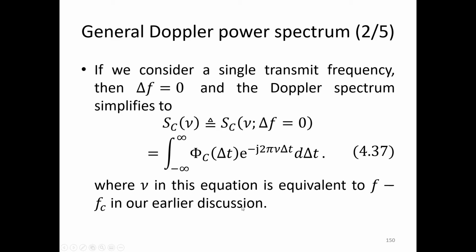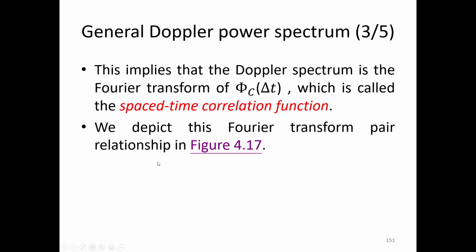Where nu in this equation is equivalent to f minus fc in our earlier discussion. This implies that the Doppler spectrum is the Fourier transform of phi c of delta t, which is called the space-time correlation function.